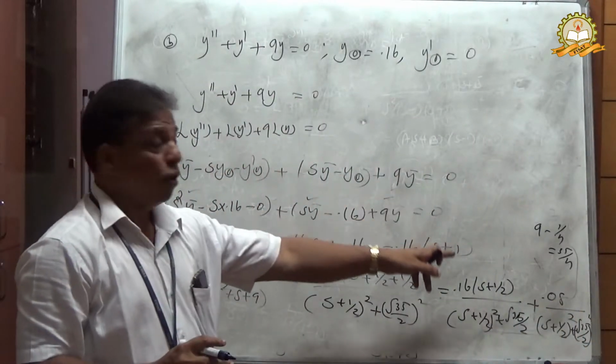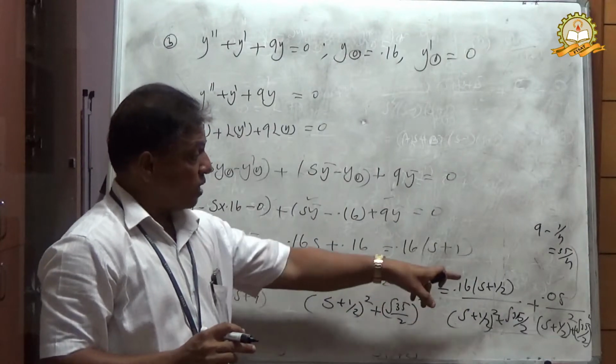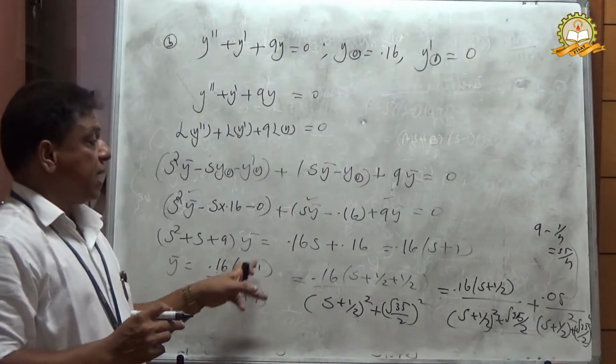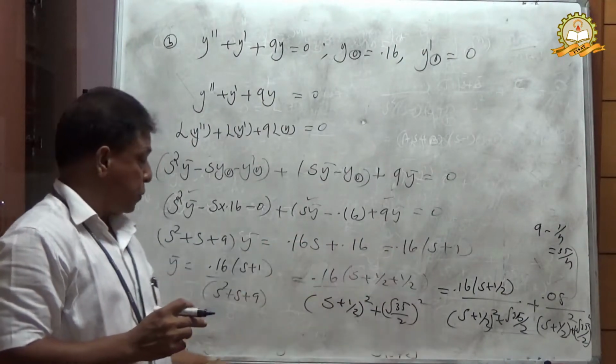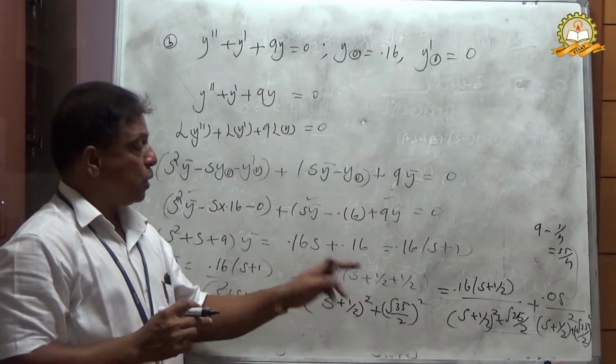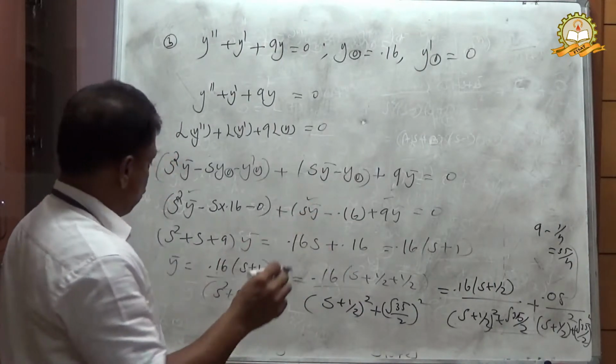This is the standard form of the Laplace transform. To convert to the standard form, we take s plus 1 as s plus 1 by 2 plus 1 by 2 and the denominator as s plus 1 by 2 the whole square plus 35 by 4. Then we can easily apply the formula.